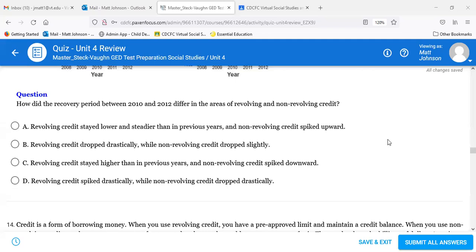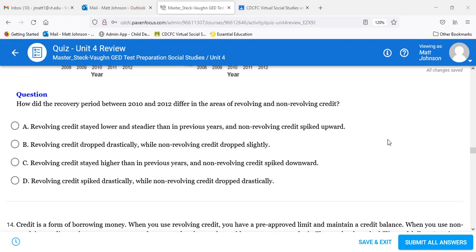B, revolving credit dropped drastically, while non-revolving credit dropped slightly. C, revolving credit stayed higher than the previous years, and non-revolving credit speed downward. D, revolving credit spiked drastically, while non-revolving credit dropped drastically.